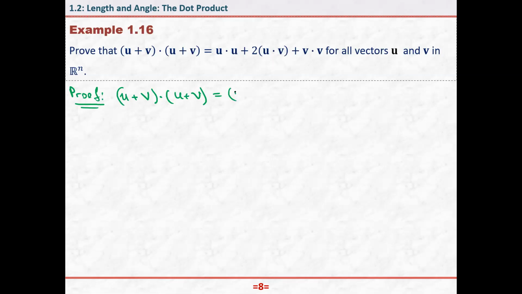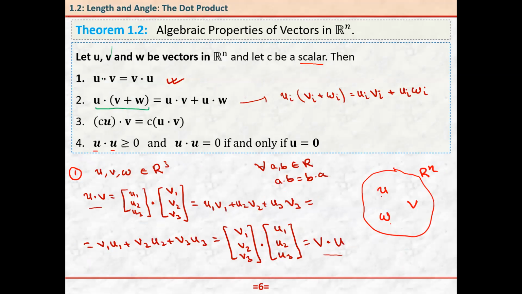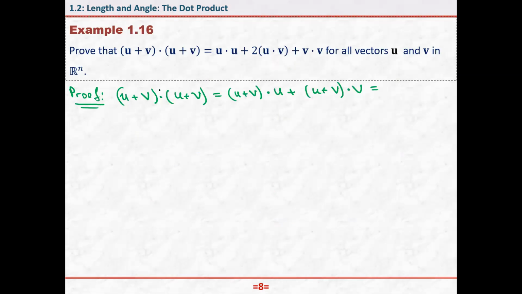Then we will have (u plus v) dot u plus (u plus v) dot v. Now I'm going to use the first property. What is the first property? That u dot v equals v dot u, the commutative property. Using it, I can rewrite this as u dot (u plus v), that is the first part, plus the second part, v dot (u plus v).